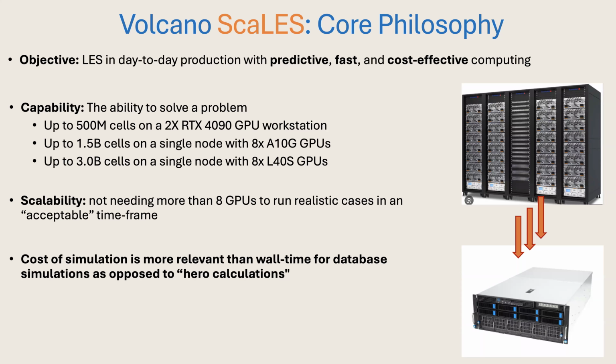But if you use 10 nodes, then you will get almost 10 times less turnaround time. So I think I gave the idea for this case. The idea is don't make these hero calculations. Bring it to your day to day workflow.